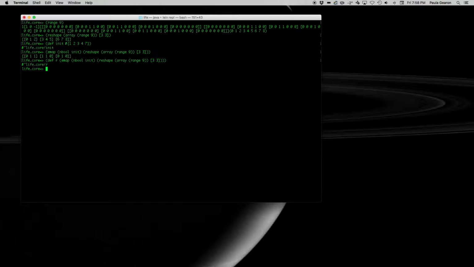We can embed R in a slightly larger matrix, a 5 by 7 take of R, which pads below and on the right with zeros.